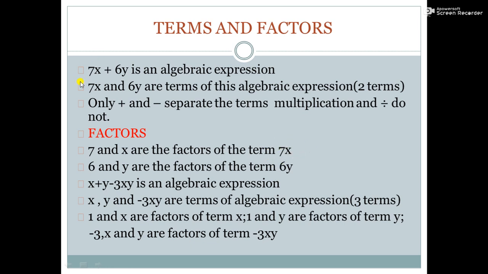Here 7x is a term, and the factors of 7x are 7 and x. That means just separate the numerical term and the variable term. In the next term also, we separate the numerical term 6 and the variable term y. So 6 and y are the factors of the term 6y, and 7 and x are the factors of the term 7x.